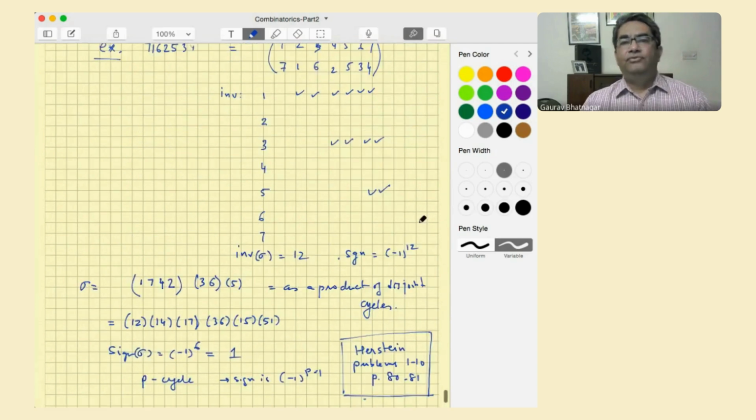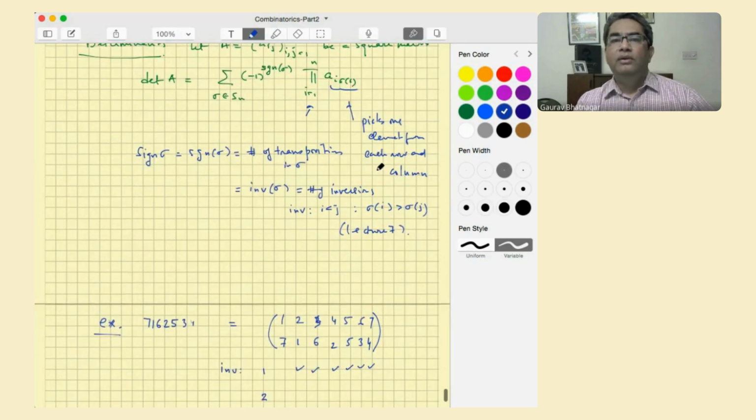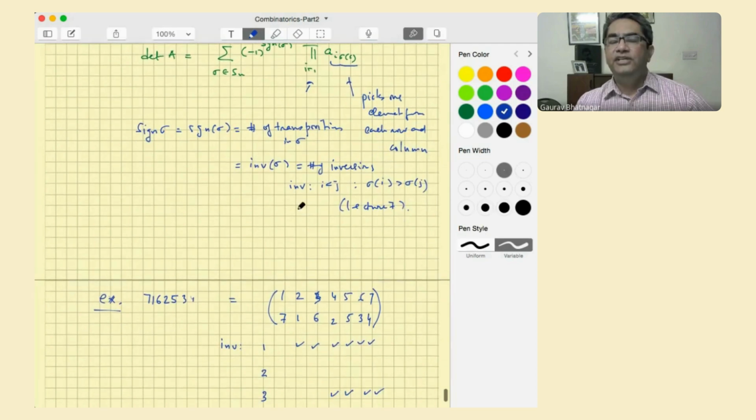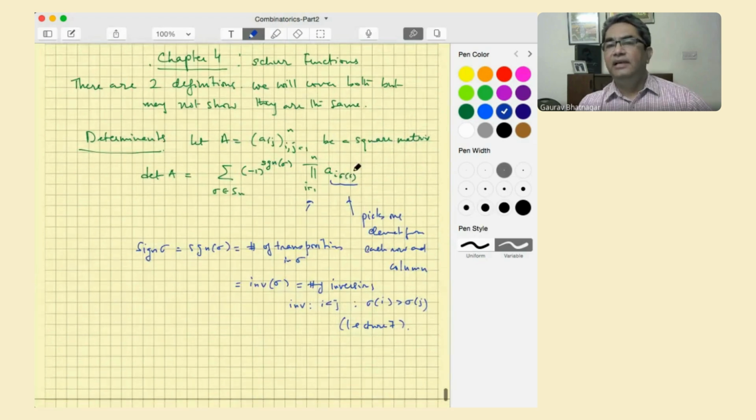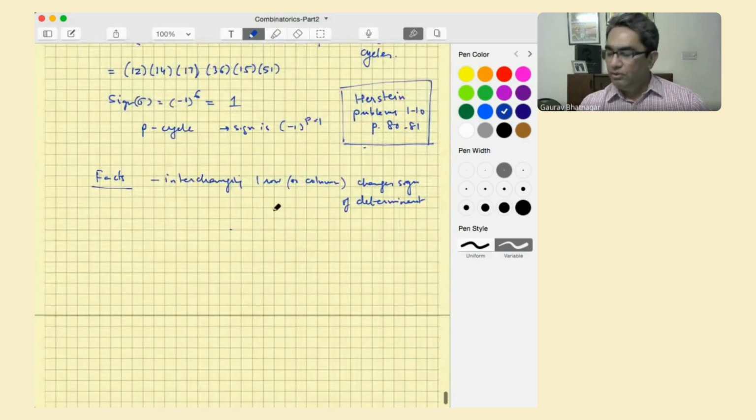From this definition it's almost obvious, because when you interchange one row or column, you're multiplying by a transposition, so it changes the sign all the way through.